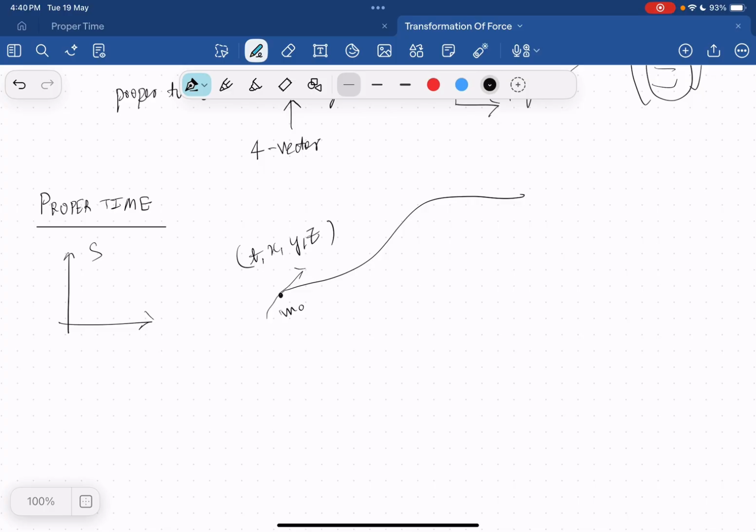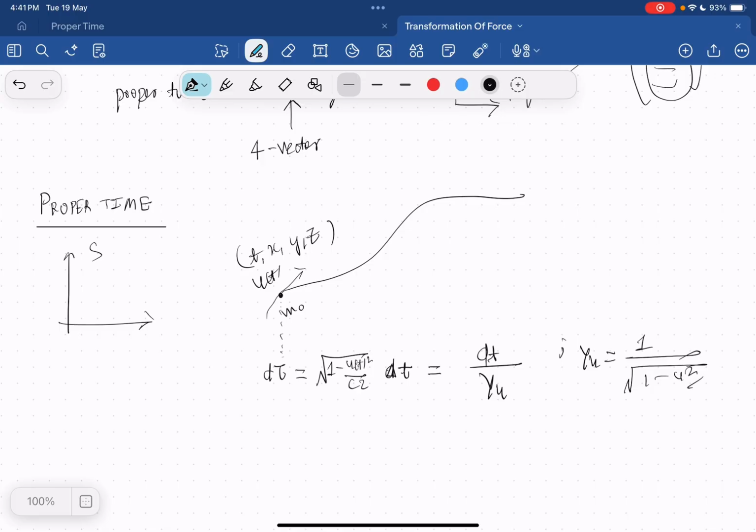Now at this point we can associate an infinitesimal proper time interval d tau, which is related to the coordinate time interval dt as dt by gamma u, where gamma u we define as 1 by under root 1 minus u square by c square, if u of t is the instantaneous velocity of the particle.